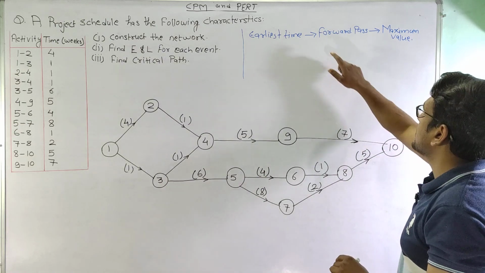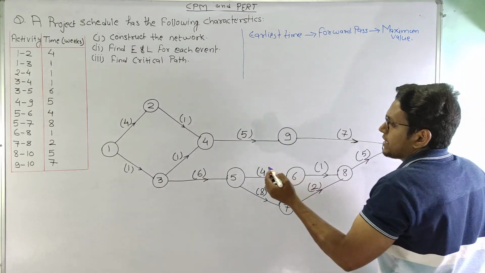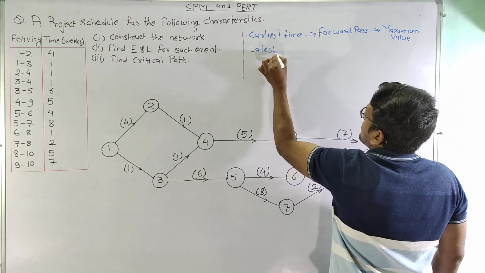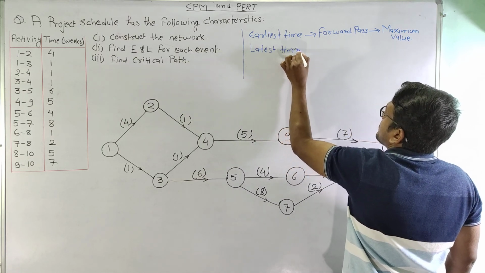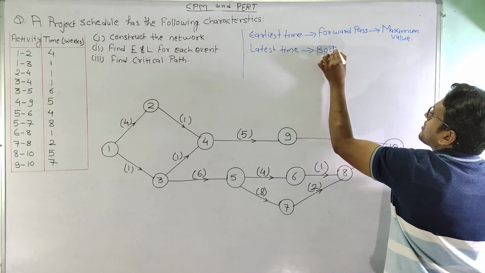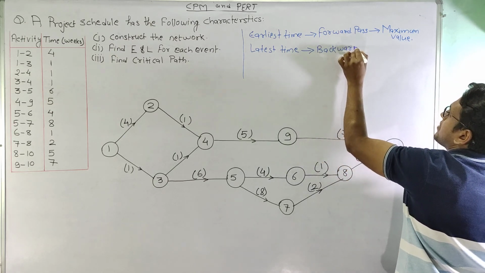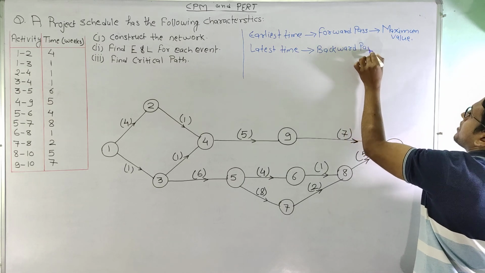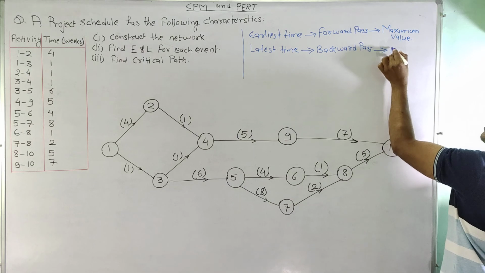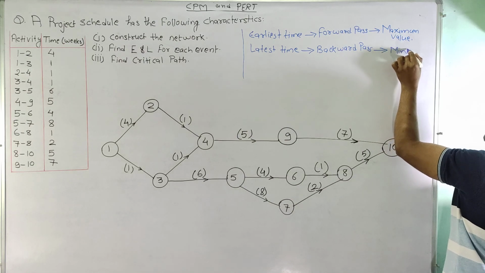If you are not getting this, it will be clear very shortly. And the latest time is calculated by using the backward pass, and in this particular method we will select the minimum value.